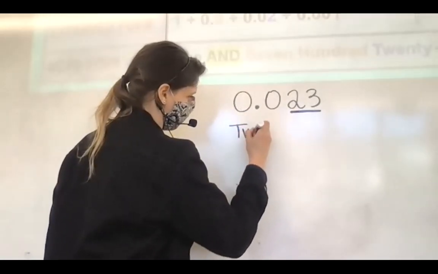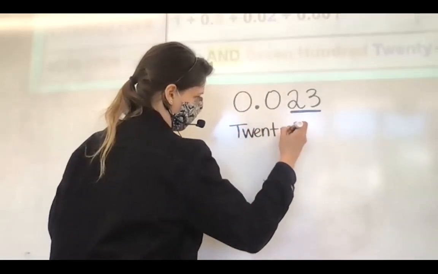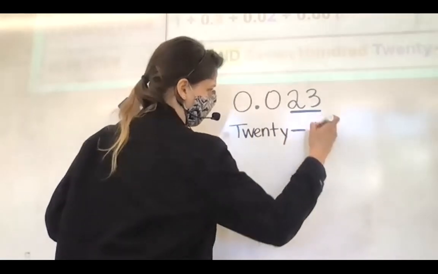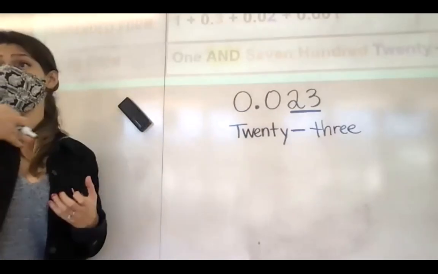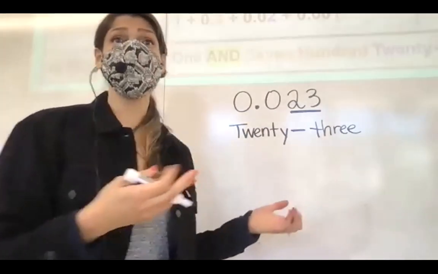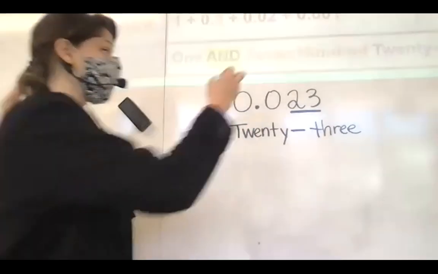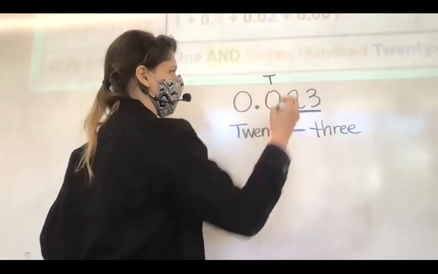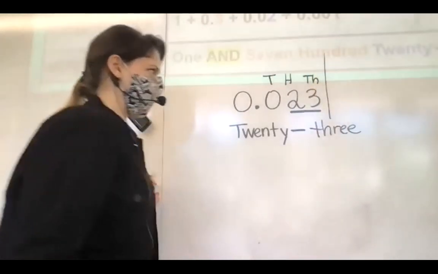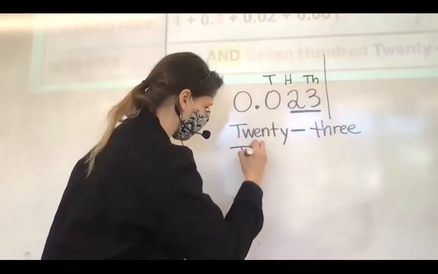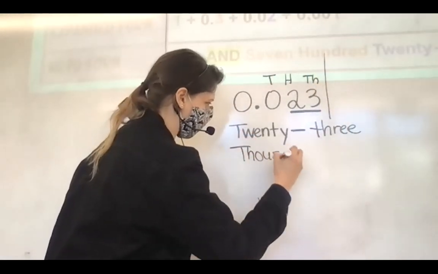I'm going to write twenty-three, and then so that I don't have a 23 with 5,000 zeros before it, I need to say where did it end? Tenths, hundredths, thousandths. The last place it ended in was thousandths. So I need to say that's where you're going to stop.